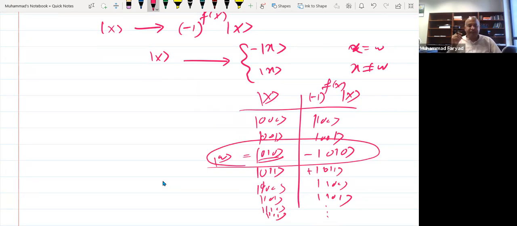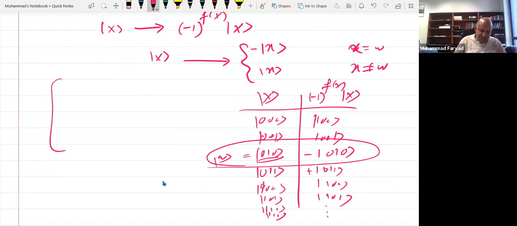So I'll discuss, when we do the implementation in Qiskit, how to implement such an oracle using controlled gates that give a minus sign to only one of the inputs and none of the others. But right now you can also imagine it as a matrix.